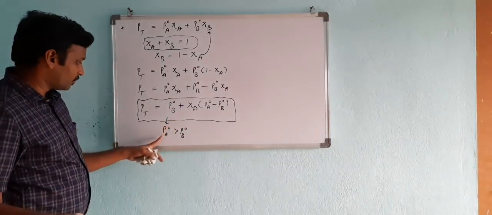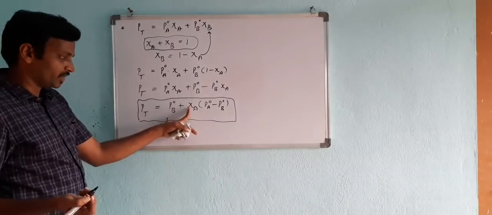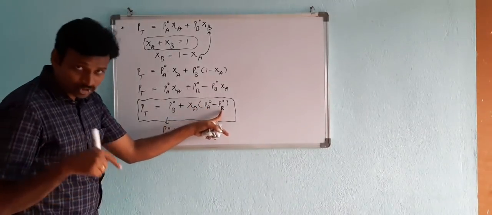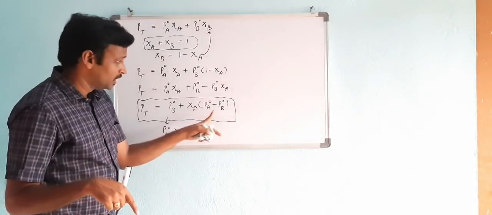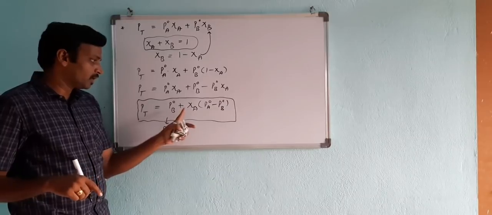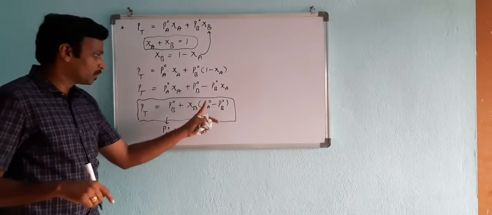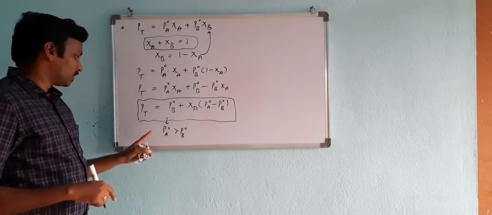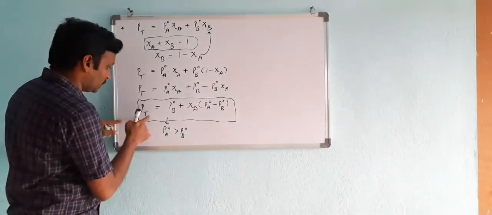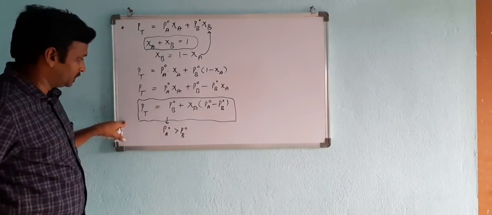So mole fraction of A, because PA naught is more. Which is more, that you write the mole fraction for, and which is less, that you subtract. So P total is equal to PB naught plus xi A into PA naught minus PB naught. If PA naught is greater than PB naught, then you have to take this relation.